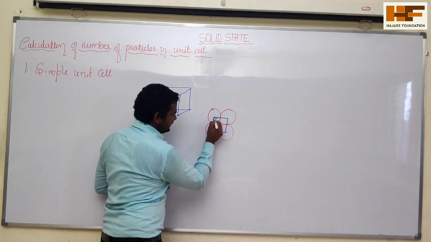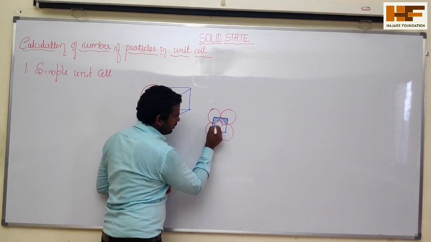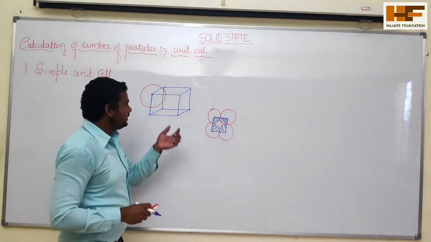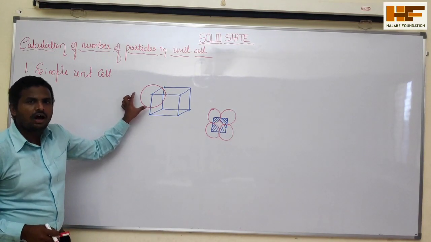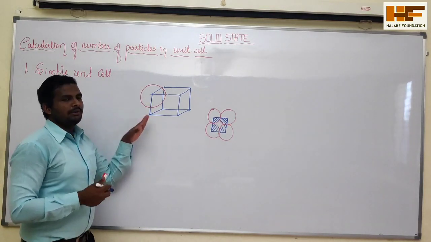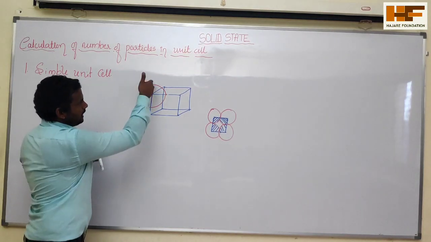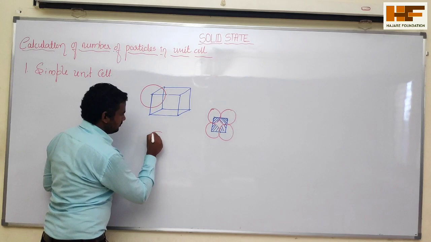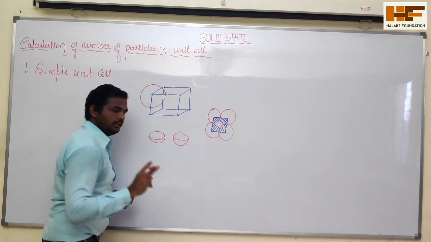So this part of the constituent atom is only contributing its part. So in the cubic unit cell, suppose you consider the atom here as a lemon, so in that we can make 8 parts. If you cut one lemon in half, we'll get 2 parts.